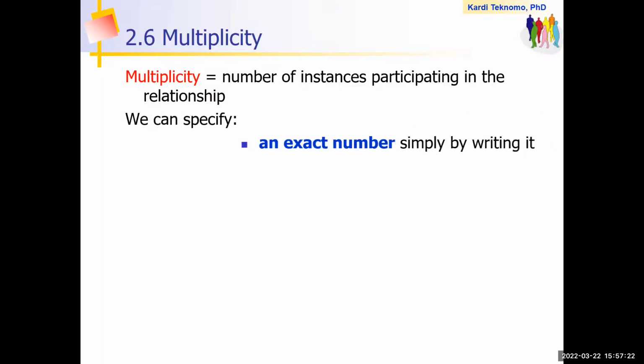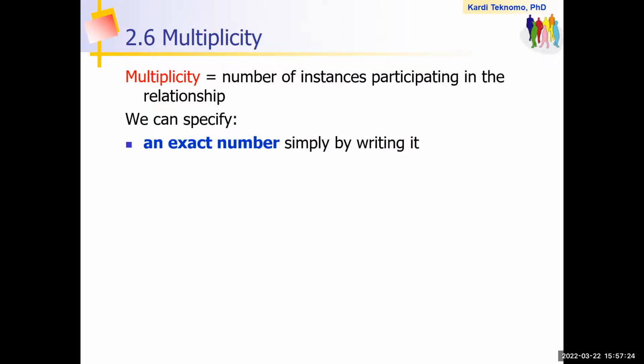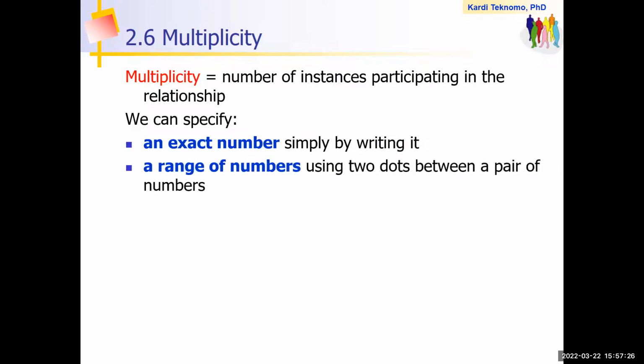So next thing in the class diagram is multiplicity. So what is multiplicity? It's the number of instances participating in the relationship. So we can specify the exact number, or the range of numbers, or an arbitrary number.